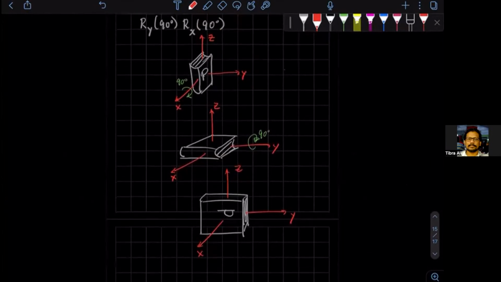Do you agree that if I rotate it around the x-axis, then the book goes to this, and then if I rotate it around y, then it goes to this configuration, right?